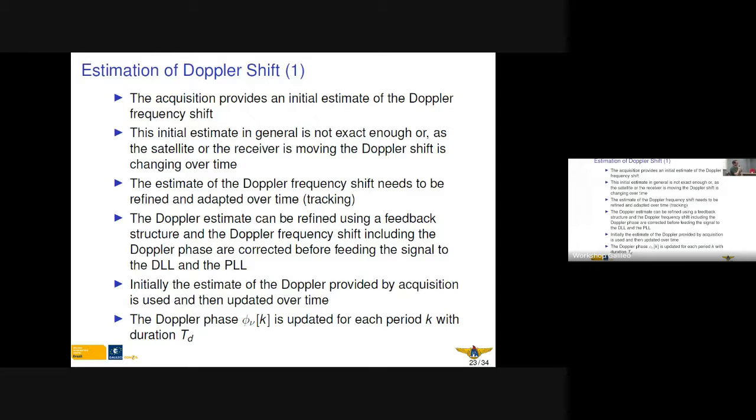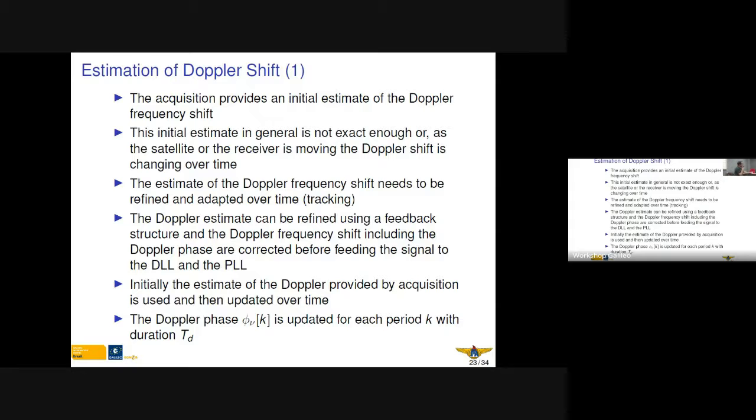But it is not necessary to do this for the non-coherent case, as we are applying a non-coherent DLL. So the PLL in our case is running fully separately from the DLL, and we will derive also a feedback structure for the Doppler frequency, which will be a frequency locked loop, so an FLL.